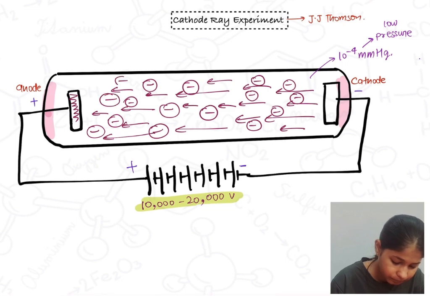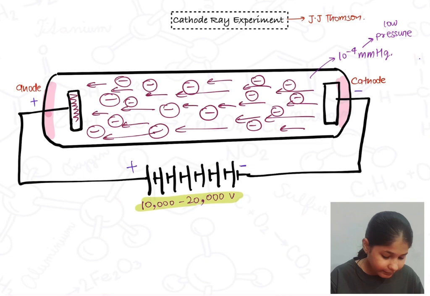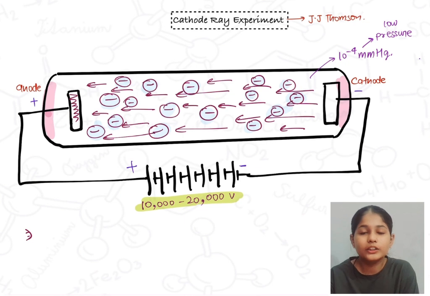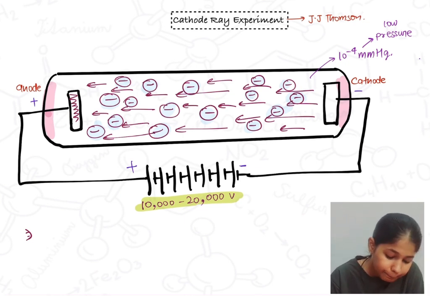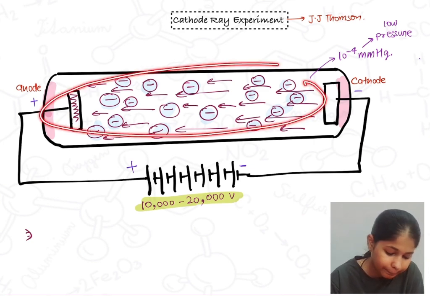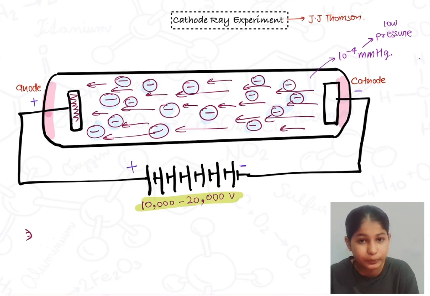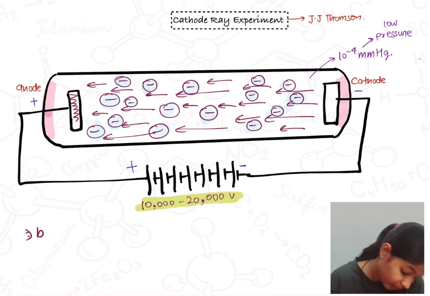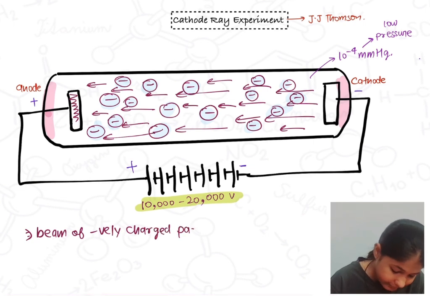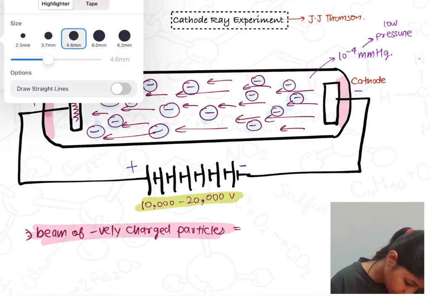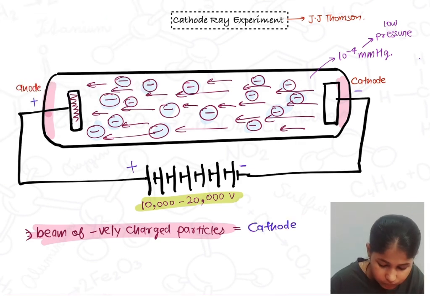Let me draw this, let me color it. Later, J.J. Thomson said that this beam of negatively charged particles he gave the name cathode ray.